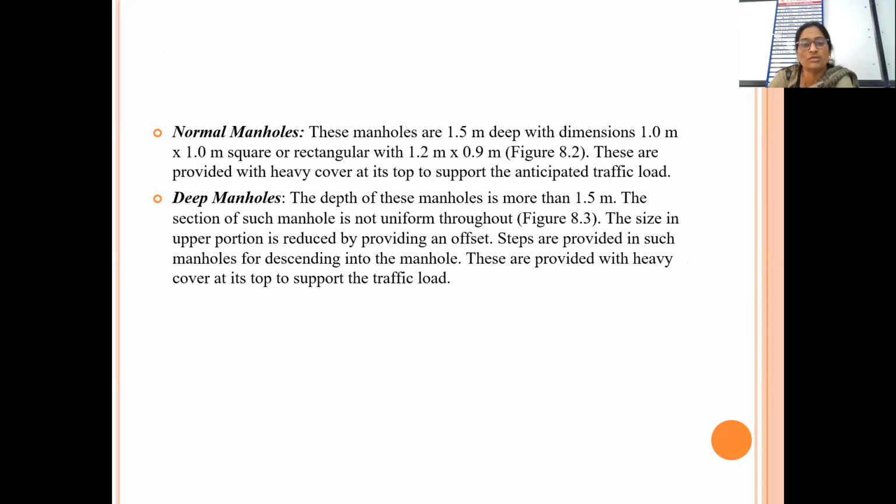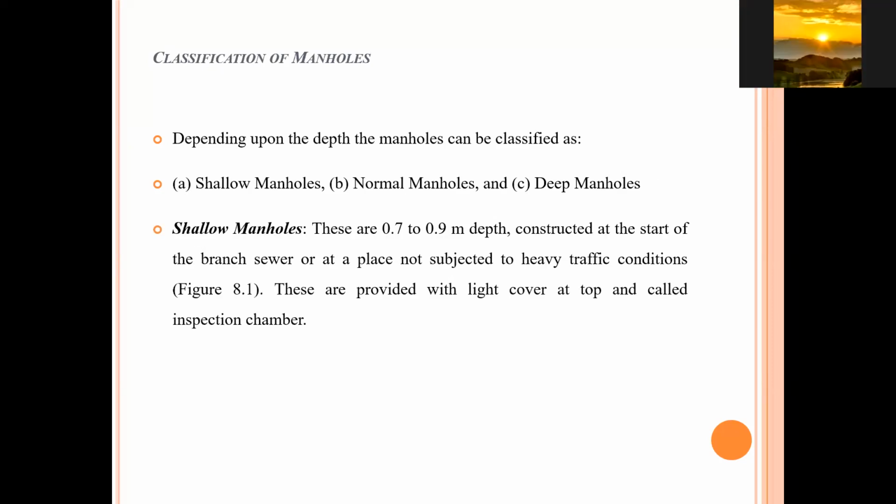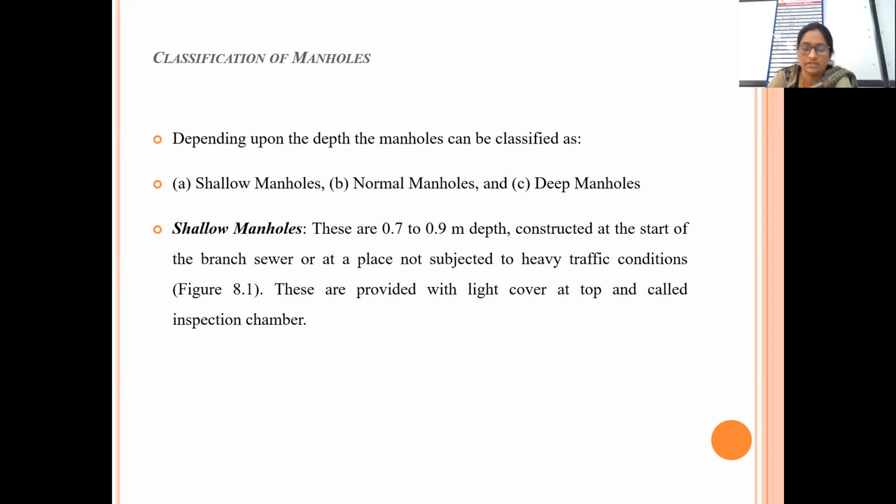So what is the normal manhole? For shallow, what is the depth? It is 0.7 to 0.9 meter. Note down please. Depending on the depth of manhole, there are three types. What are these three types? Shallow, normal, and deep.